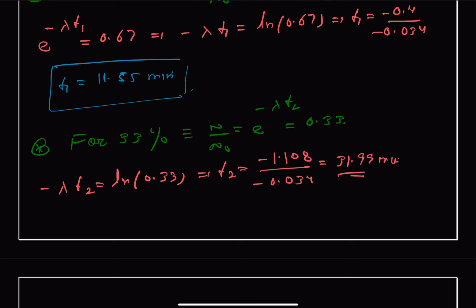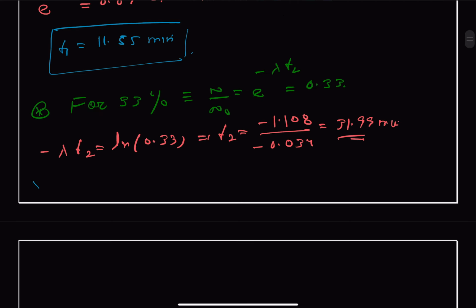We got the value of t1 and t2. We need to find out their difference. Therefore, we can say the difference, delta t, is equal to t2 minus t1.